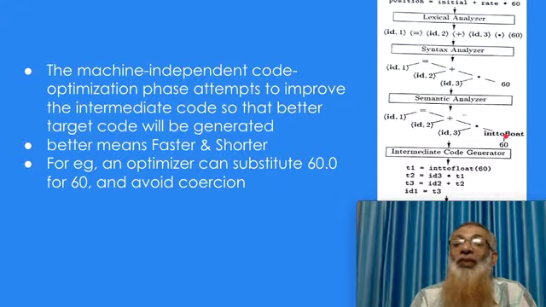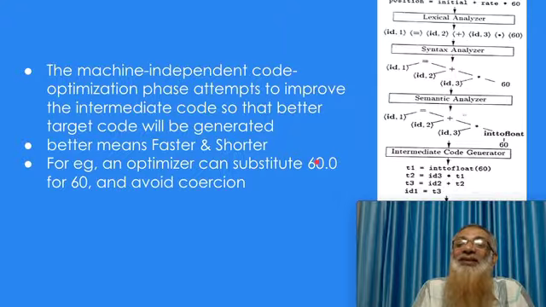Now the code optimizer, when it looks through this statement, sees that instead of the forceful conversion of 60, it can be replaced with 60.0. It alleviates the need for a function call.